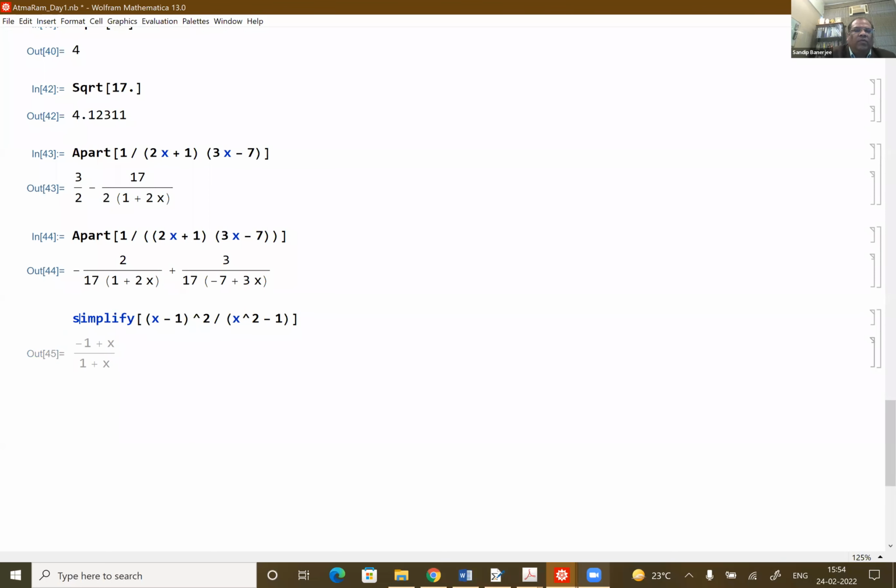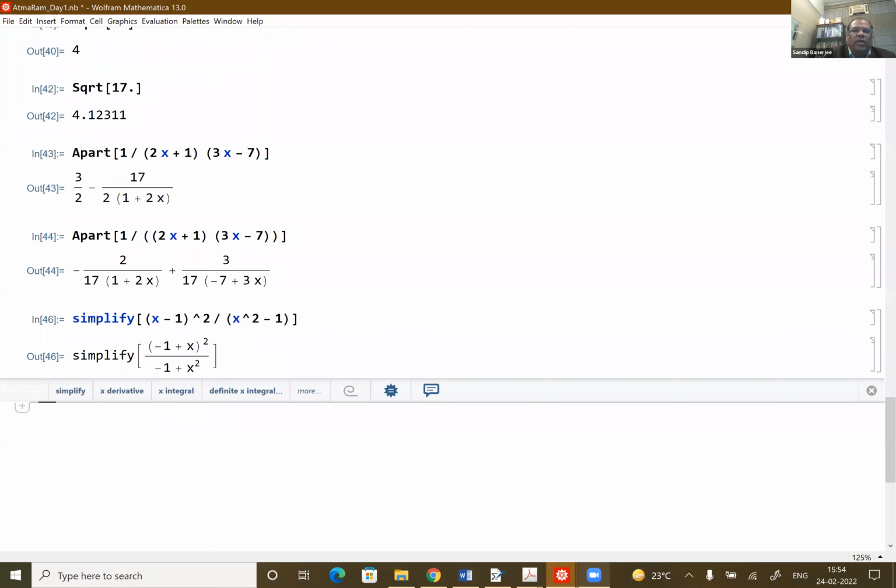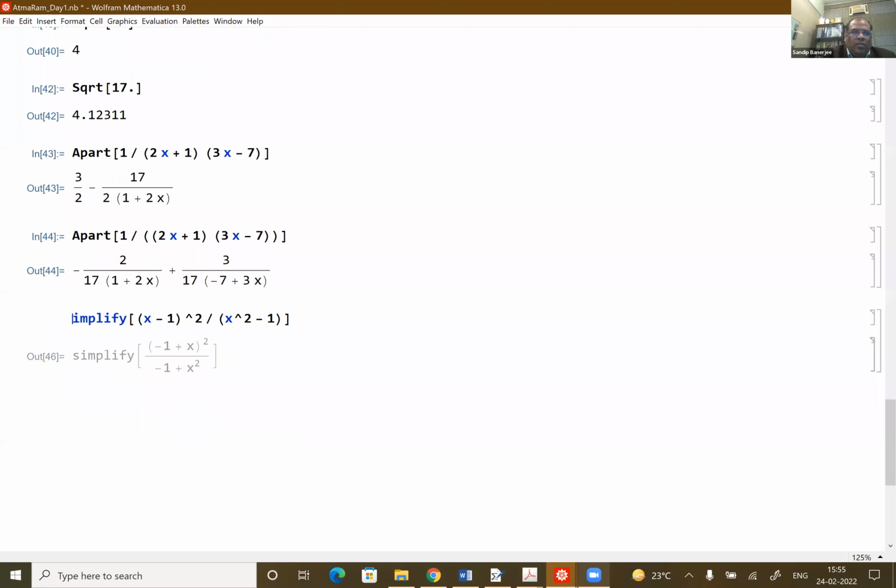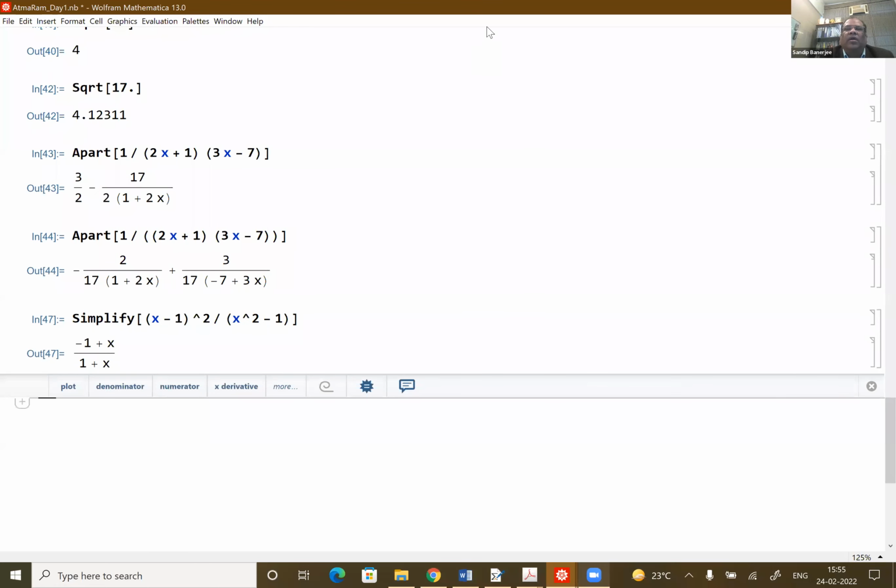If you write small, it will just revert back this. If you are getting the answer, I think then it is fine. No problem. There should not be any problem.